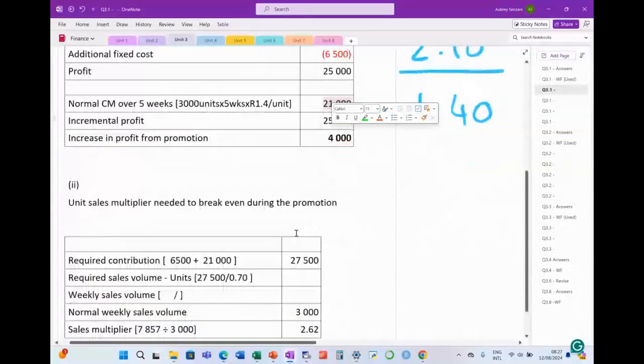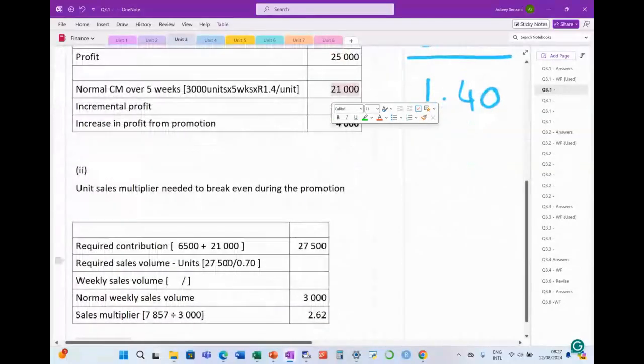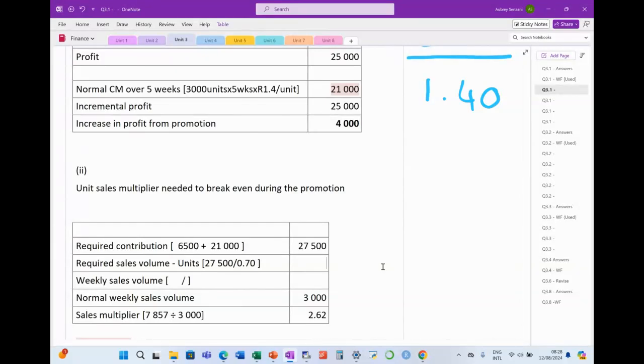So under the promotion, how many units must we produce in order to break even? When we say 27,500 divided by 0.70, what do we get? 3928.286. Okay.